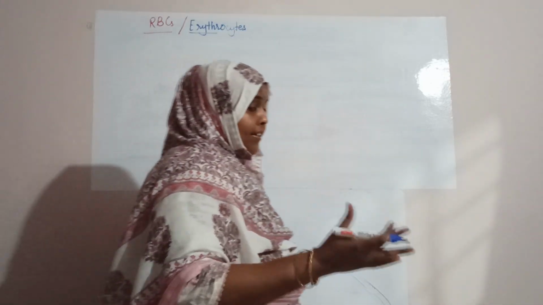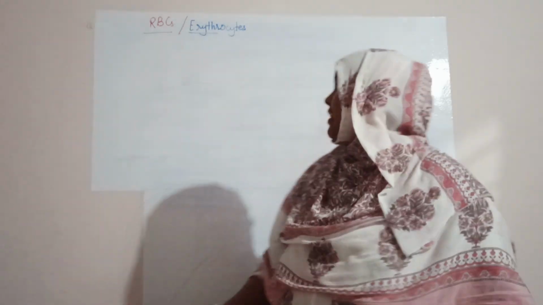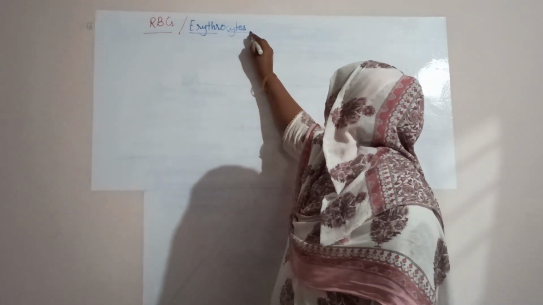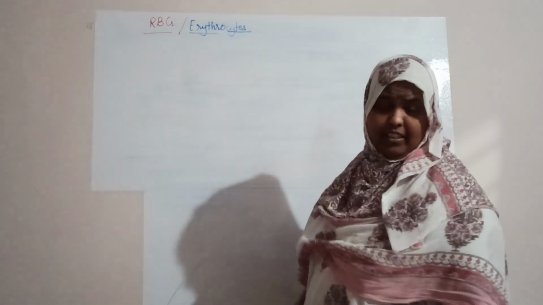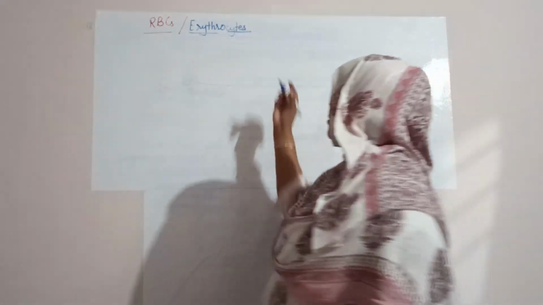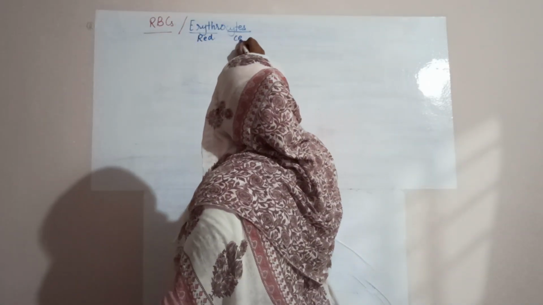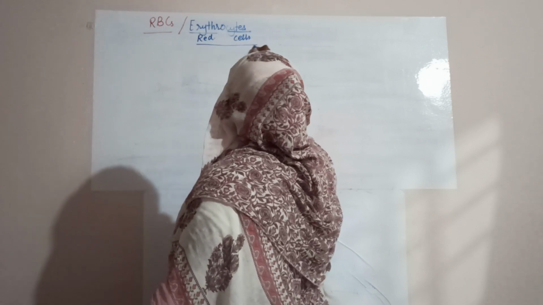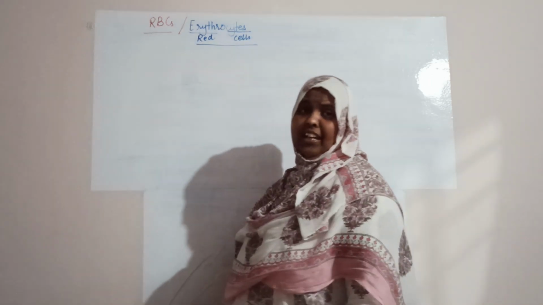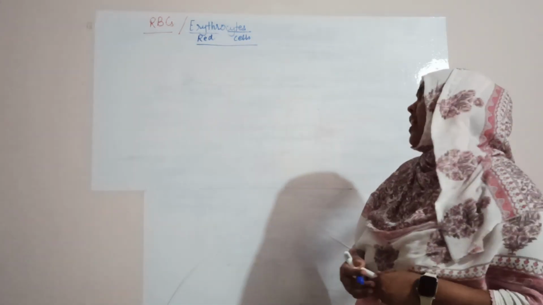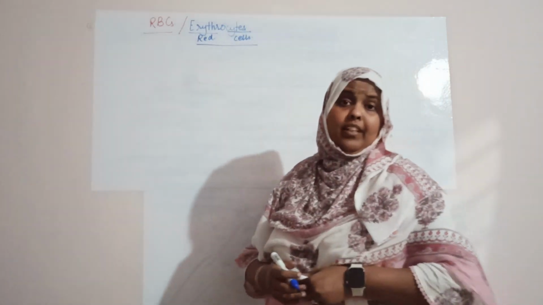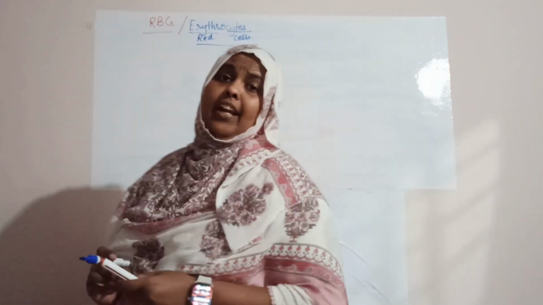What is the meaning of erythro? Erythro means red. The word cyte we also studied in the cell chapter; it means the cell. So erythro means red and cyte means cell. The red cell is known as RBC. Erythrocyte means the red blood cell.